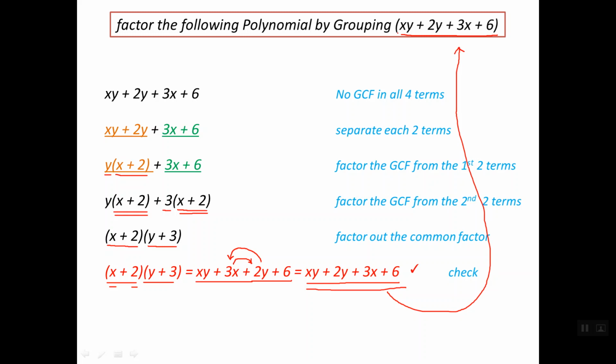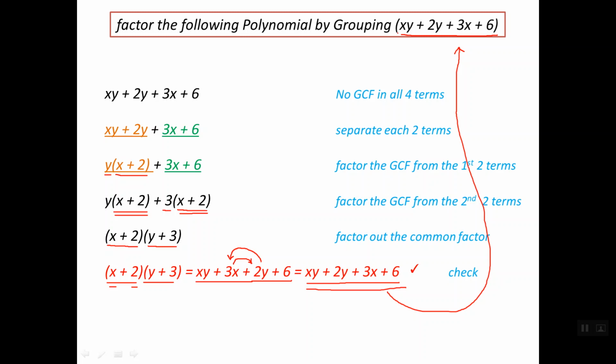So this is the meaning of factoring with grouping. Factoring with grouping is done in case we have a polynomial with 4 terms. If we don't have any greatest common factor in all the 4 terms, and simply we can separate each 2 terms, we can factor for each 2 terms a new common factor, and then we can have, let's say, 2 factors.